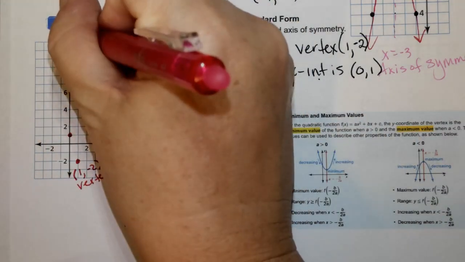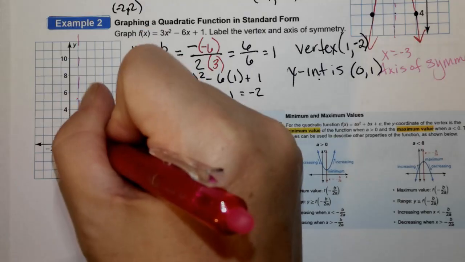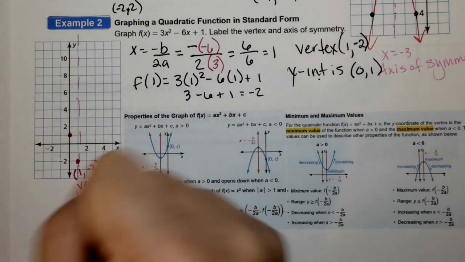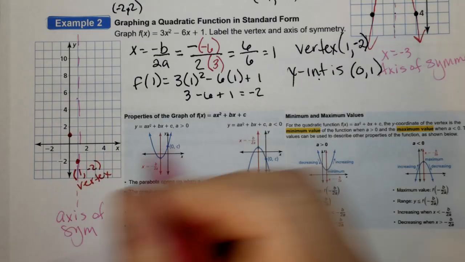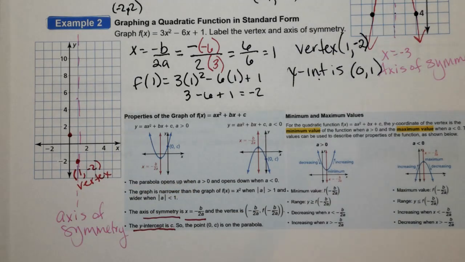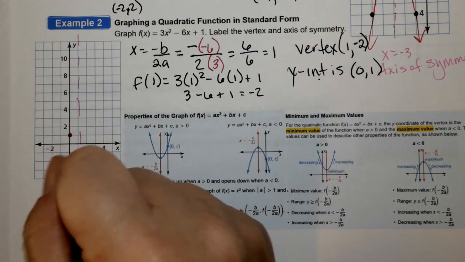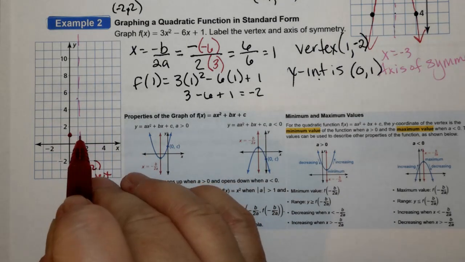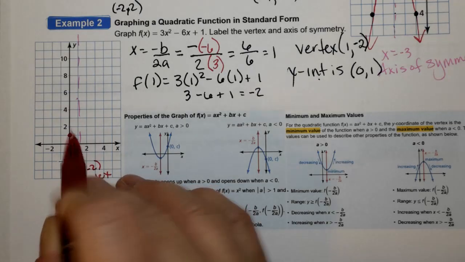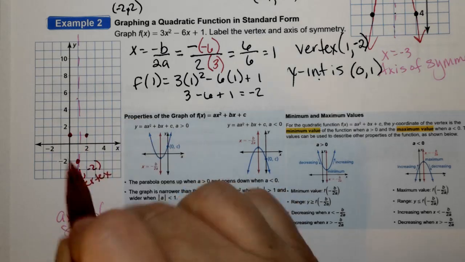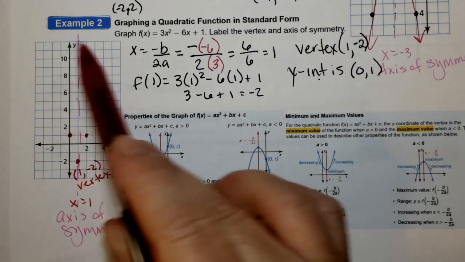So remember, axis of symmetry cuts through the vertex. All right, our axis of symmetry cuts through. This is where x is equal to positive 1. So now if we know the y-intercept is 1 point away from the axis of symmetry, we know another point here.